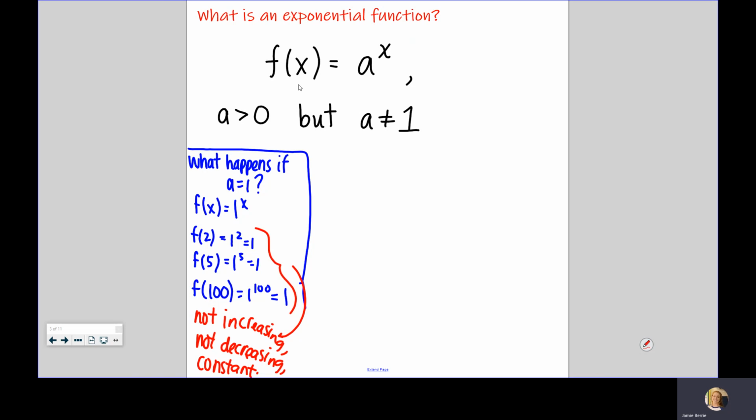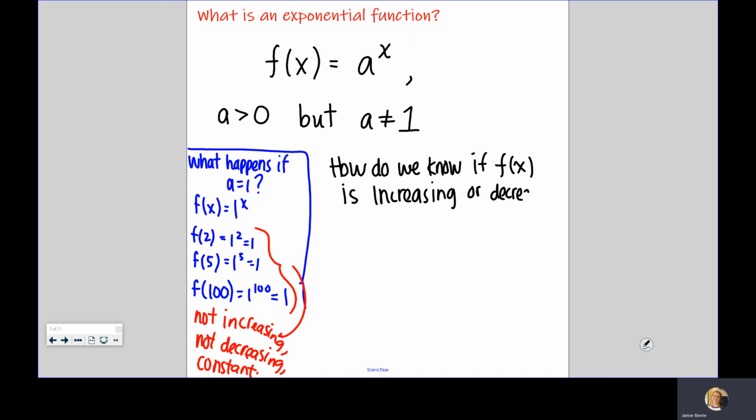I do have 2 more things to put on this page. So how do we know if the function is increasing or decreasing? How do we know if f of x is increasing or decreasing? It all depends on the value of a.